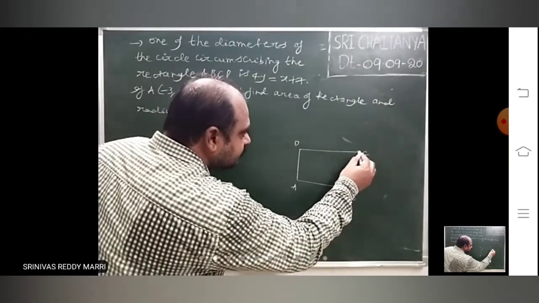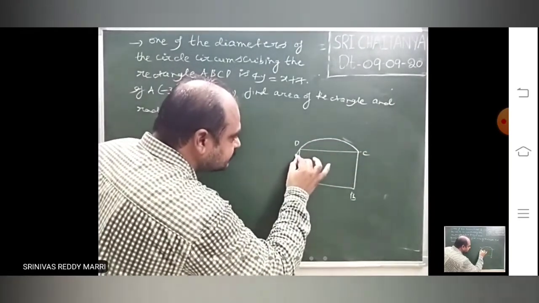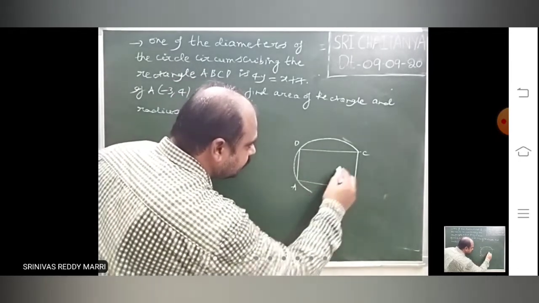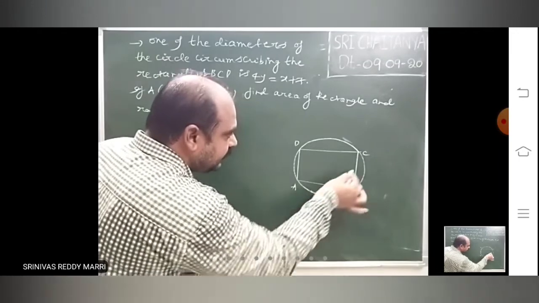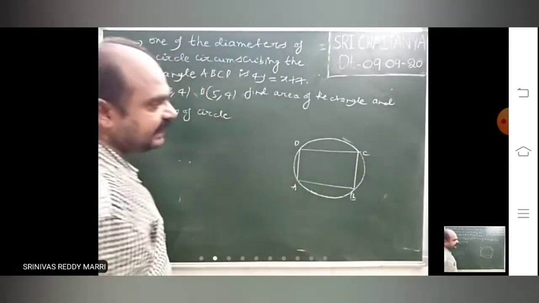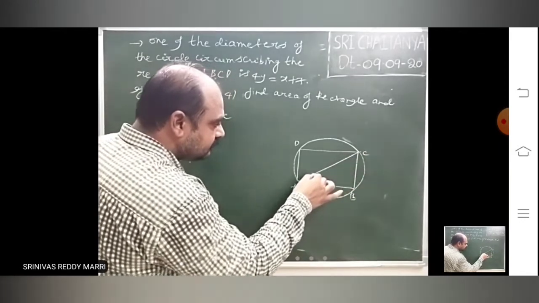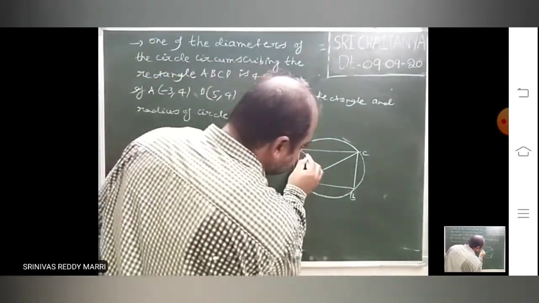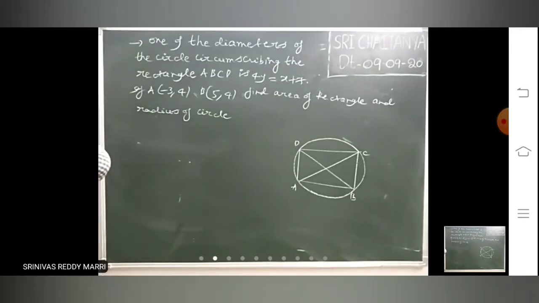Circumcircle means what? The circle which passes through all the vertices. This is called the circumcircle. Just like a triangle, a rectangle will have a circumcircle. This is one diagonal, this is another diagonal. So these are also diameters.